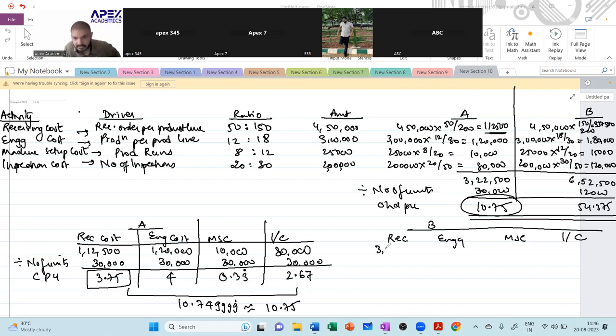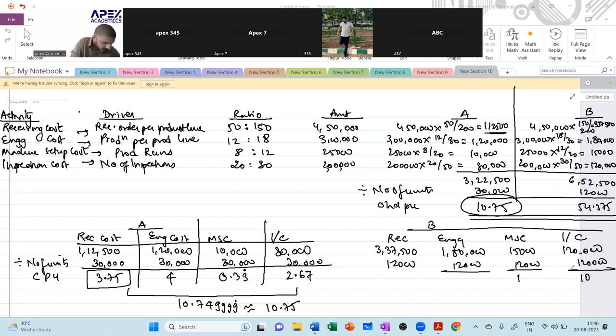Similarly, dividing this by 12,000, the results are 1.25, this is 15, and 3,37,500 divided by 12,000 gives me the answer 28.125.